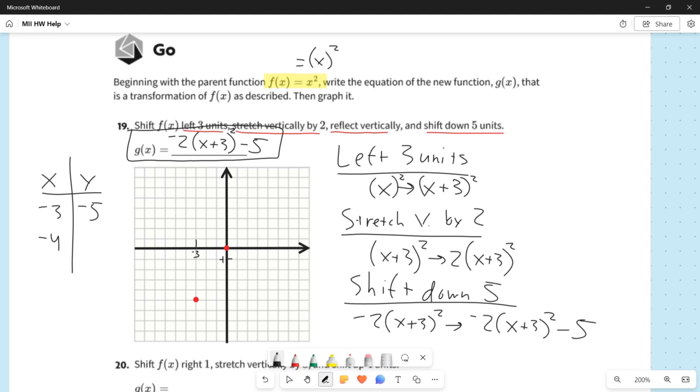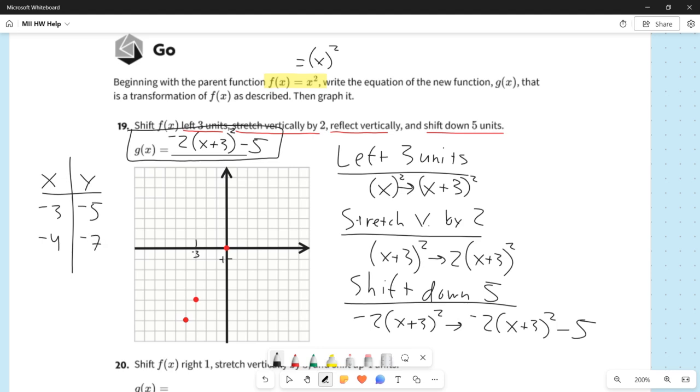Going back to my equation here, g of x, if I plug in a -4, I get -4 plus 3 is -1. -1 squared, so that's -1 times -1 is +1. -2 times 1 is -2, and -2 minus 5 is -7. So at -4, we're right there. That's -4, -7, and I'll fill it in my table here.